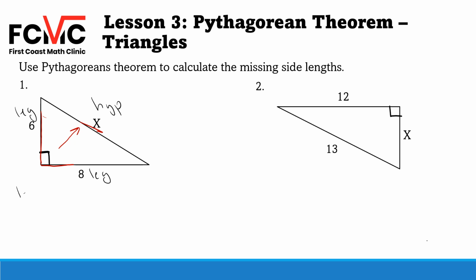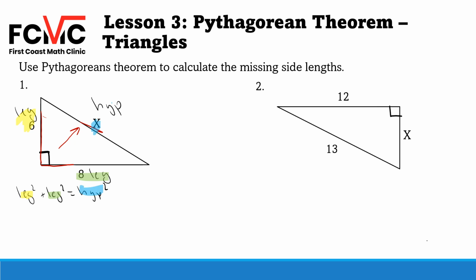So Pythagorean theorem is going to be leg squared plus leg squared equals hypotenuse squared. Let's substitute our values in. Now it doesn't really matter which leg we make which. So we can substitute 6 and 8 into each one of our legs, and then x is our hypotenuse.